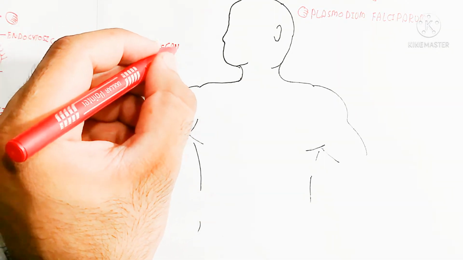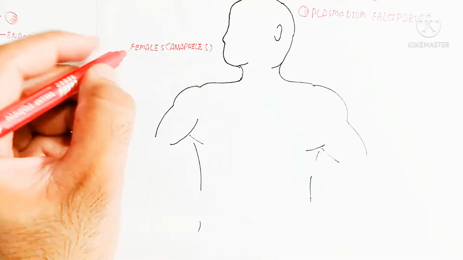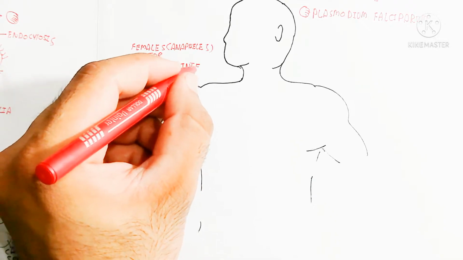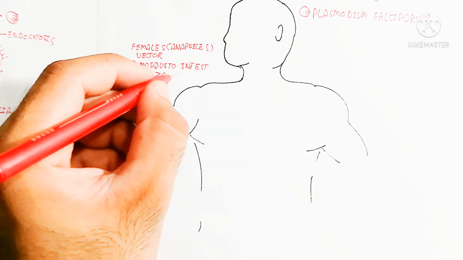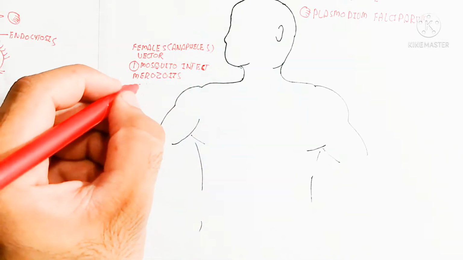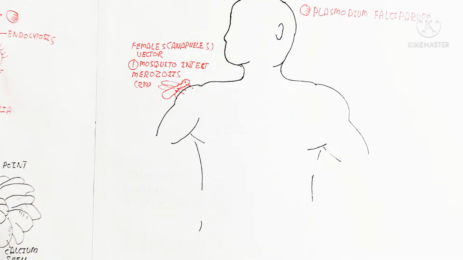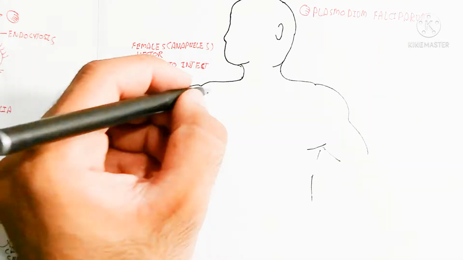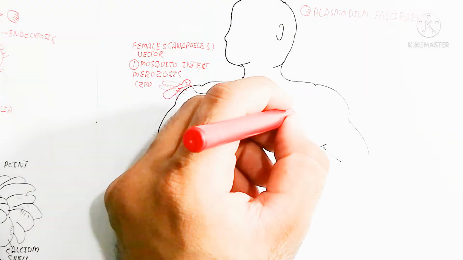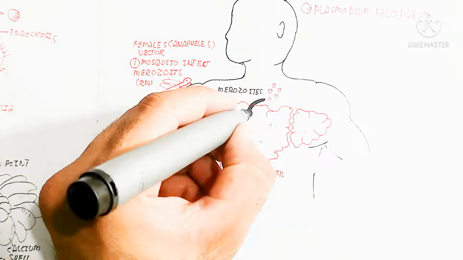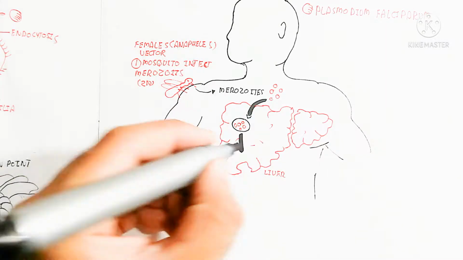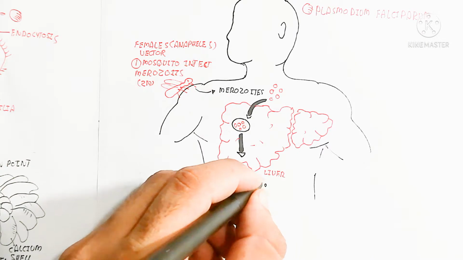When a female Anopheles mosquito is used as a vector, it injects merozoites, diploid spores, into the blood during feeding and biting. The female mosquito bites and its saliva contains the parasite. This parasite moves into the circulatory system and ultimately goes into the liver, becomes a vesicle, and the liver stage basically produces sporozoites.